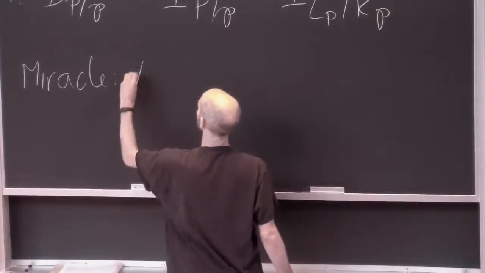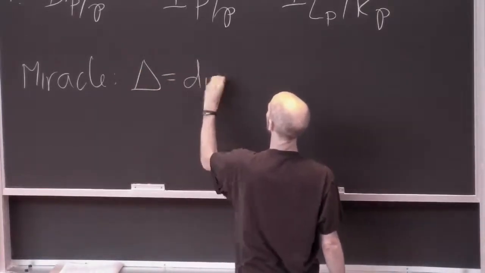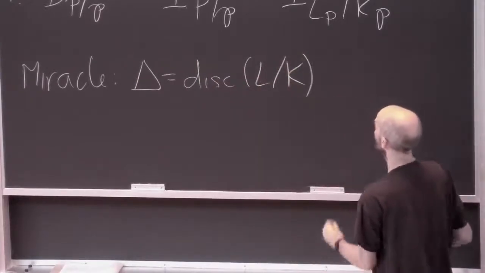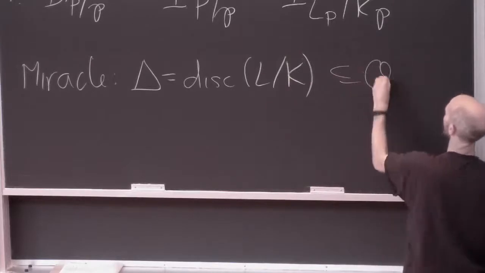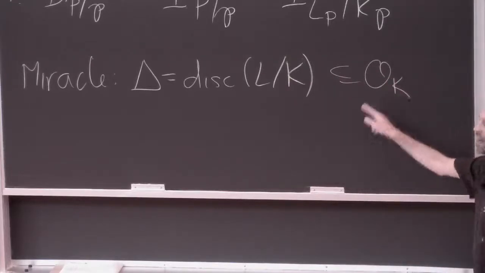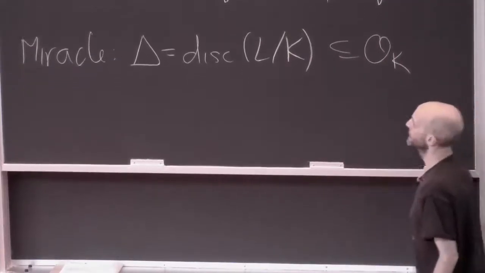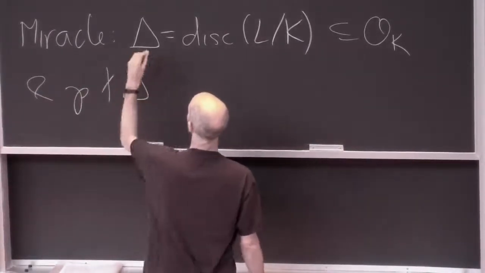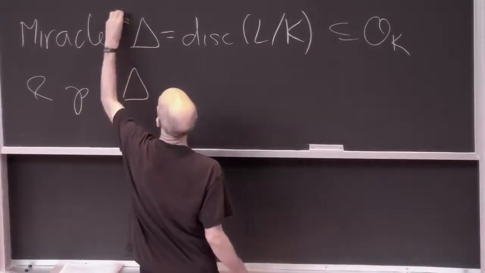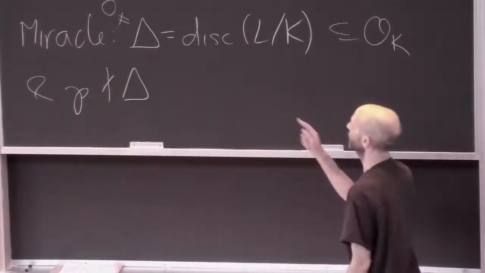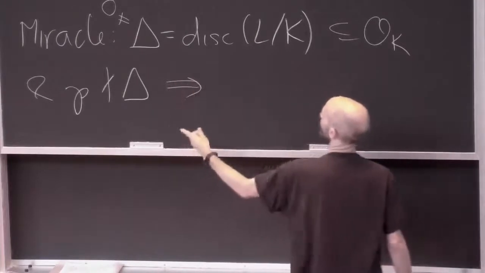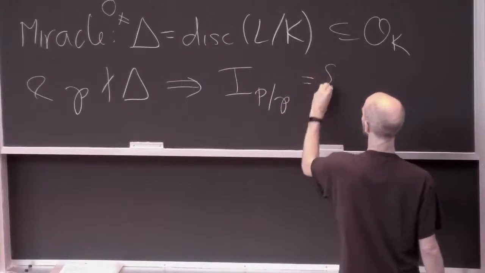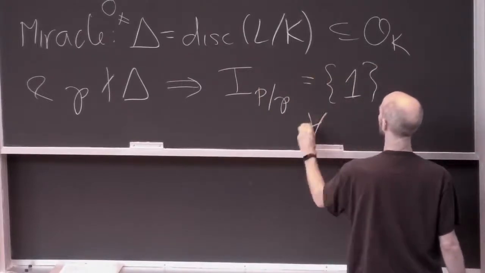Delta is the discriminant of L over K. The correct way of thinking about the discriminant is as an ideal of O_K, and it is non-zero. If P doesn't divide delta, that implies that P is unramified, which implies that I_P over p is the trivial group for all P dividing p.